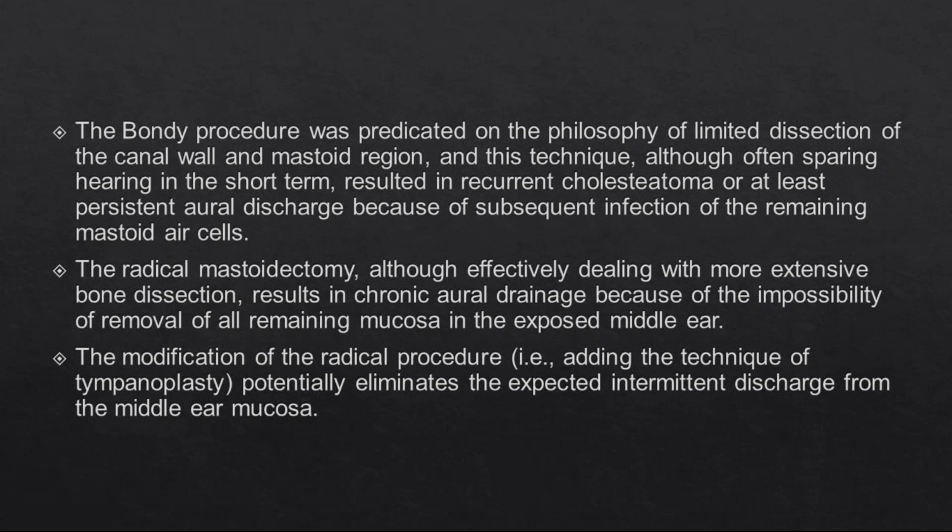Three things are done, so no effort is given to reconstruct the hearing. Whatever remnant tympanic membrane and remaining mucosa of the middle ear are all removed, and the eustachian tube is permanently closed. These three things are not done in modified radical, where you try to reconstruct the hearing, retain the good, healthy mucosa, and never close the eustachian tube orifice.